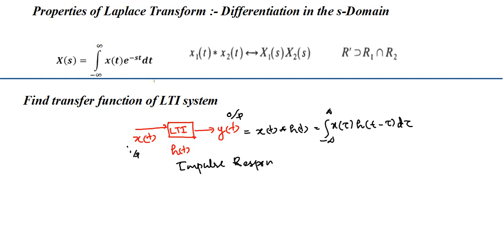Now we need to find the transfer function. Transfer function means y of s by x of s. That is known as a transfer function, also represented as h of s.